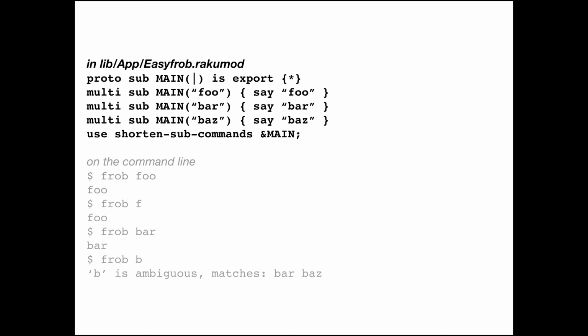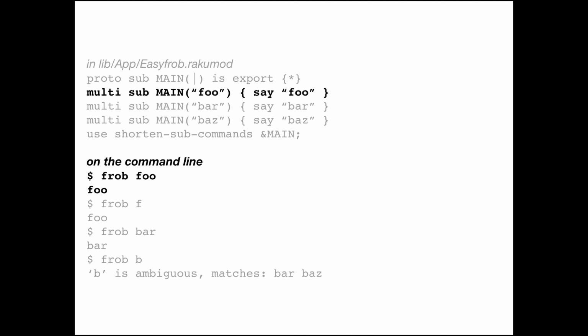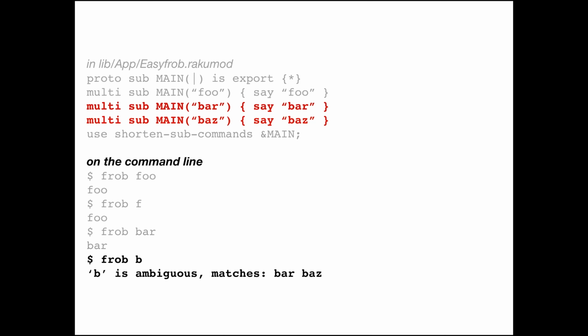And if you then call frob with foo, you will get foo. If you call frob with f, you also get foo. If you call frob with bar, you get bar. And if you call frob with b, it tells you no, that's ambiguous because it matches both bar and baz. And that's basically what it allows you to do.